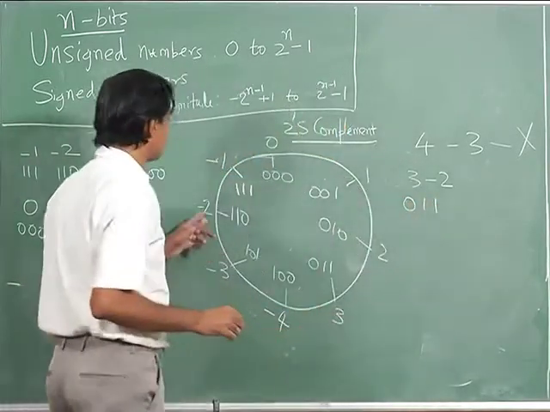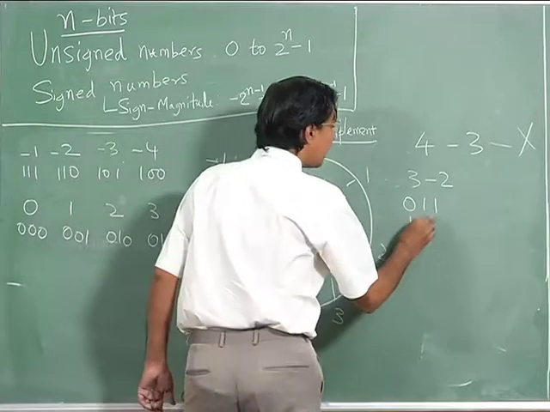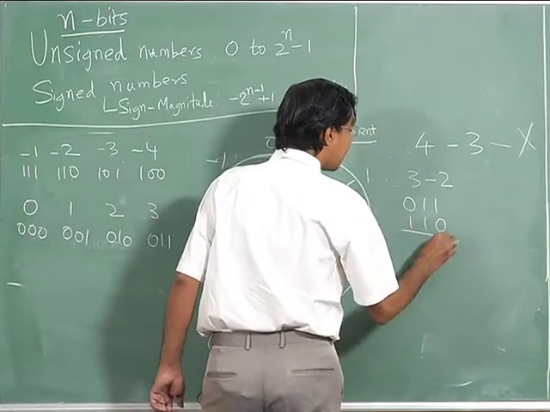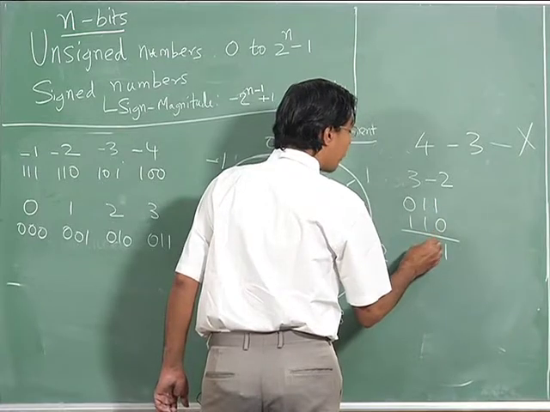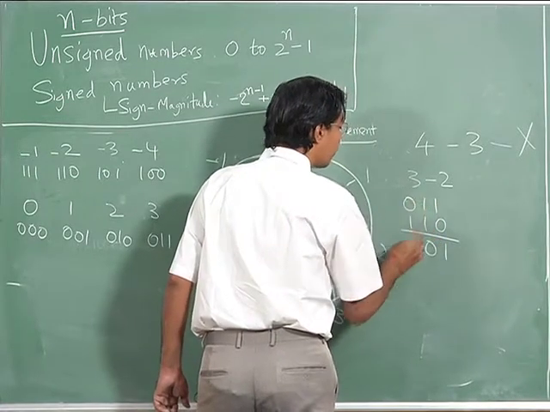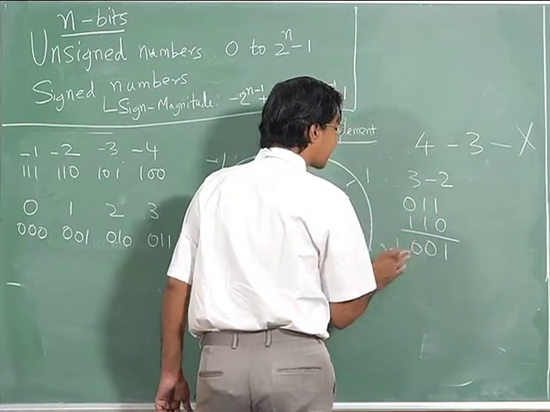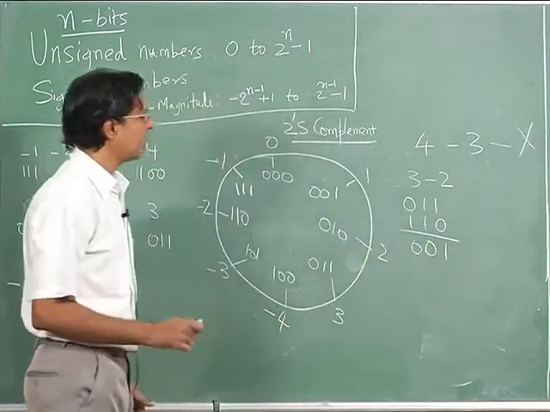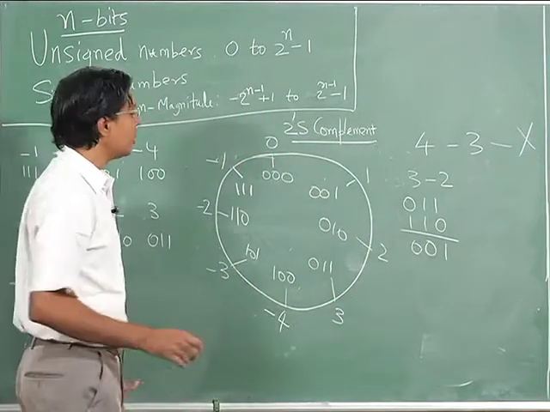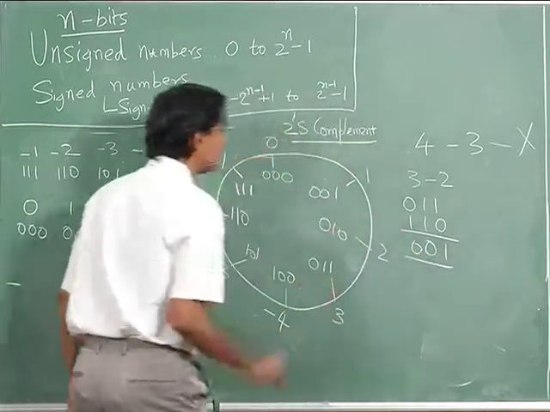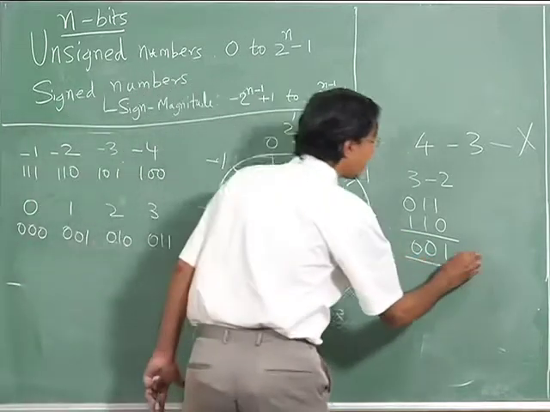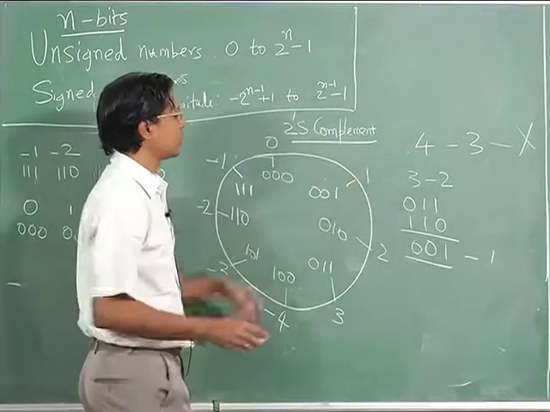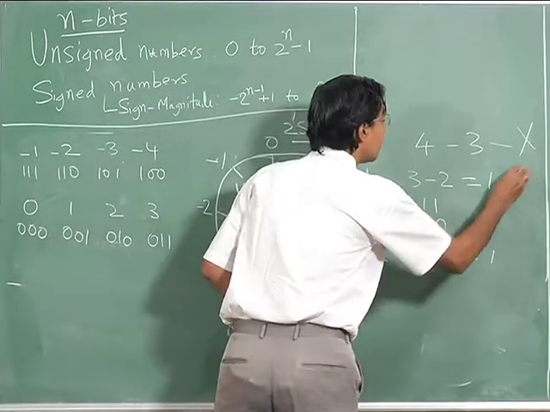What is minus 2? 1, 1, 0. Add it, I get 1, 1 plus 1 is 0, 1 plus 1 is 0, and I get an extra 1 that goes off because I can only represent 3 bits. So what is 0, 0, 1? 0, 0, 1 is 1. So 3 minus 2 equal to 1 works.